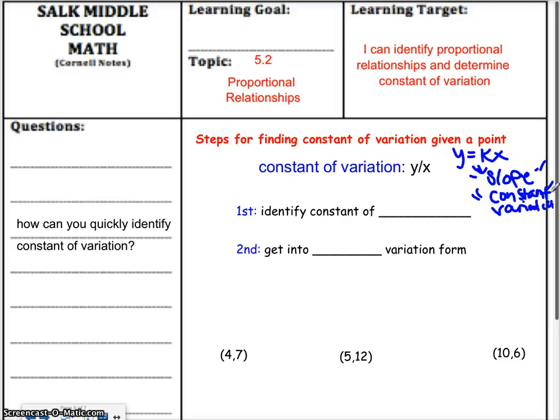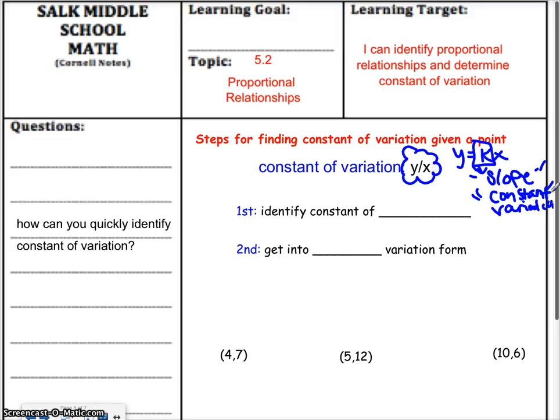Yes? So cloud that, y over x. That is the heart of today. If you can recall that any directly proportional relationship is representing slope, y equals something times x, that something is always y over x. Rise over run.